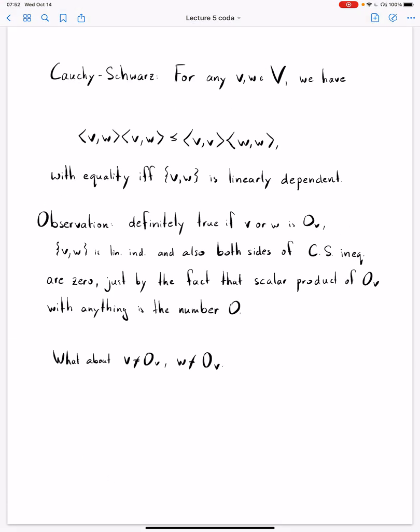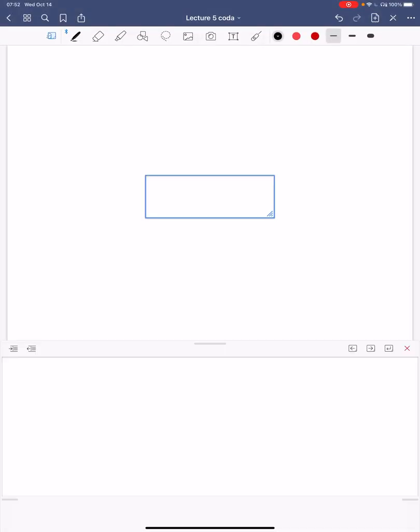And this is really about analyzing the proof that's presented in the Lecture 5 course blog post. And so how does that proof work?